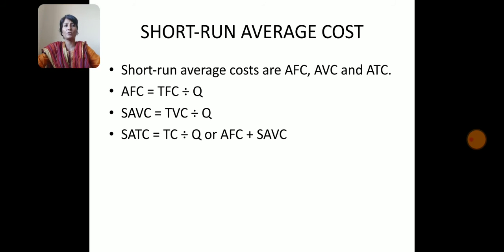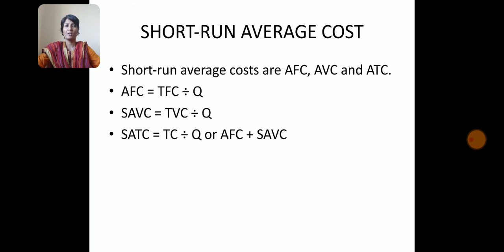The next short run average cost is short run average total cost, or SATC, or just SAC. Short run average total cost are the average cost of producing any given output.